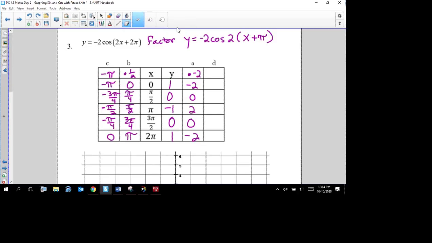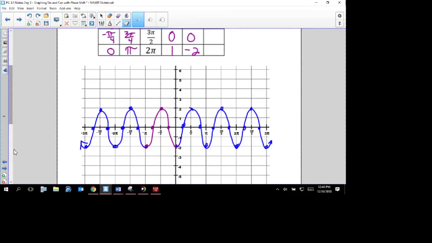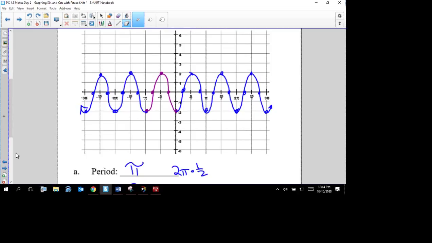I'm going to show you a mistake that people do. Okay, this is a common mistake that I see. Do you see how some people will go through that last point and just keep going?